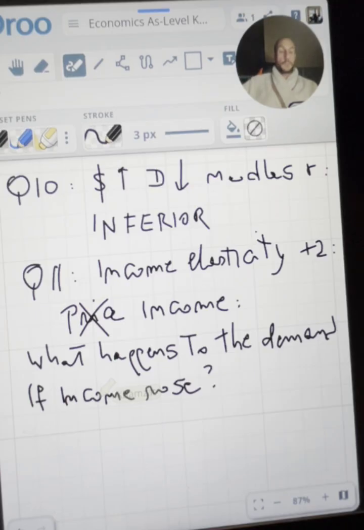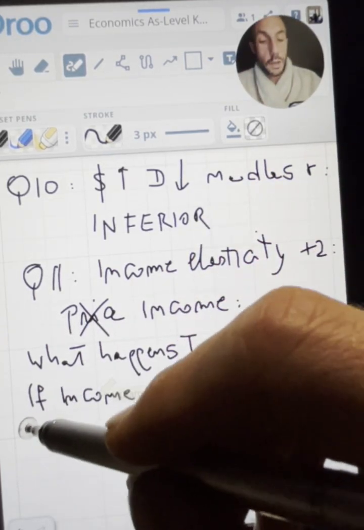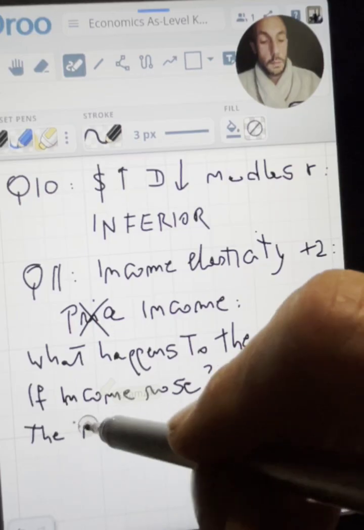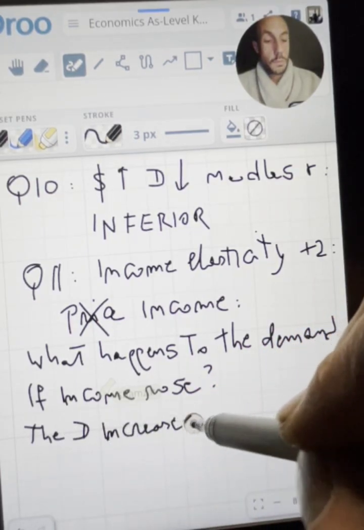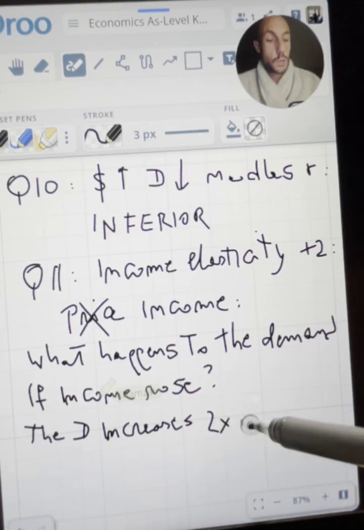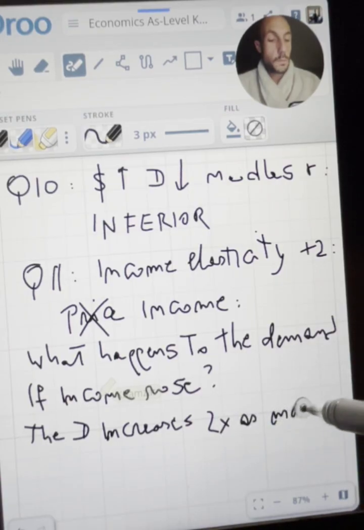So if income grows, the demand goes higher, plus 2. Translating it, the demand increases twice as much. What type of good is it?